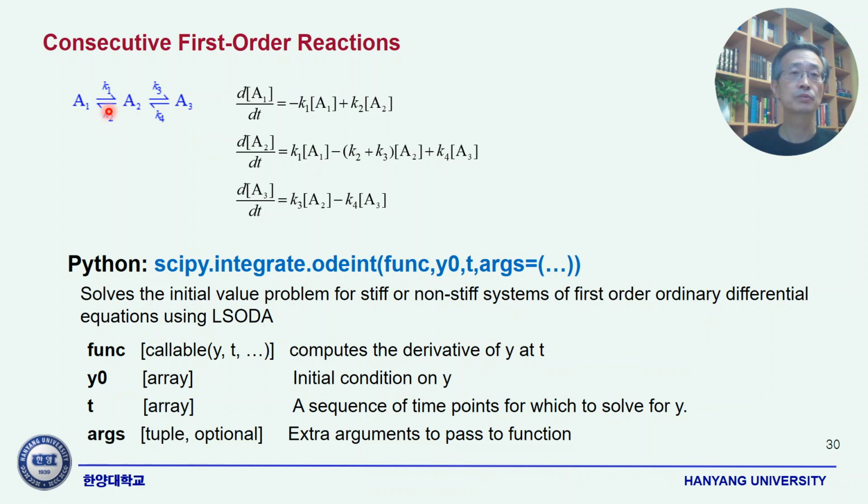For a2 itself, we have production k1 a1, production k4 a3, and then consumption by k2 plus k3 times a2. So this is the right differential equation. For a3, production and consumption give k3 a2 minus k4 a3.